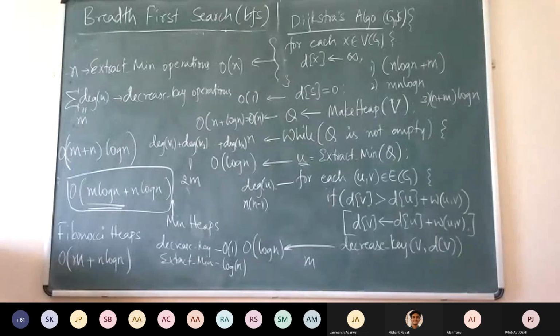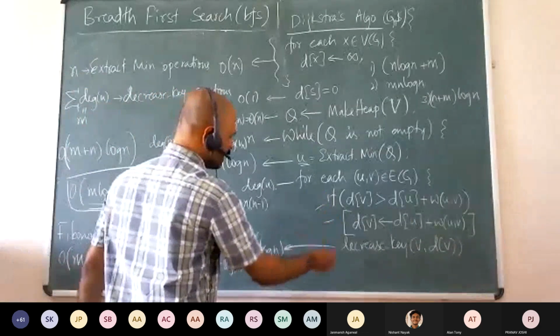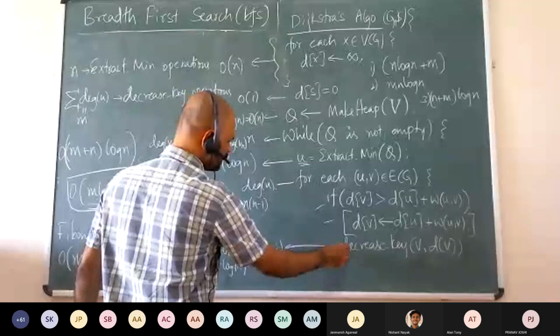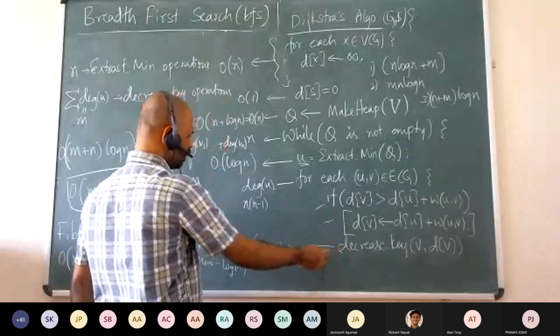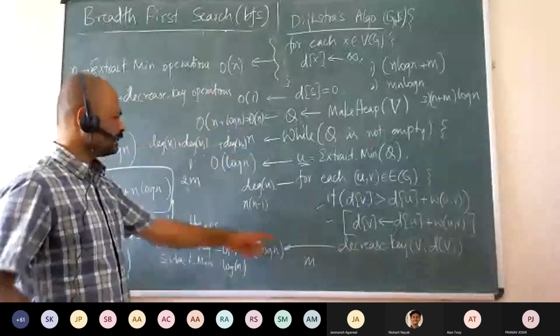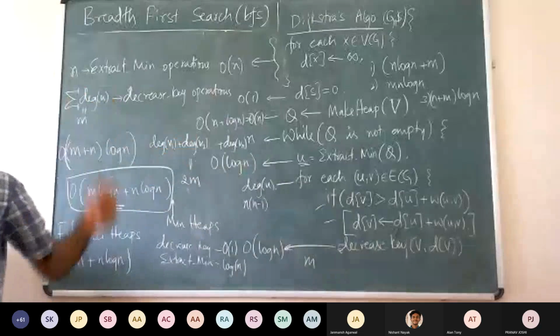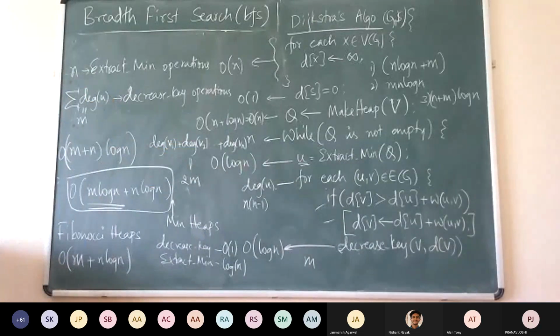These two are anyway constants. The more contributing factor is this decrease key operation. If this is log n, it will be the sum of all this into log n, and the sum of all this is just 2 times m. So it is order of m into log n. Is that fine?